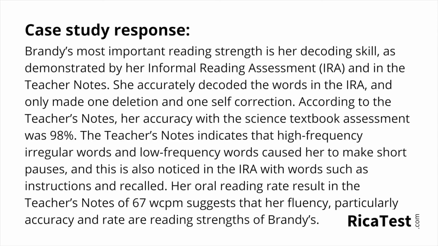And this is also noticed in the IRA with words such as instructions and recalled. Her oral reading rate result in the teacher's notes of 67 words per minute suggests that her fluency, particularly accuracy and rate, are reading strengths of Brandy's. Okay, so I feel like this is a good start for the first paragraph, first strength.